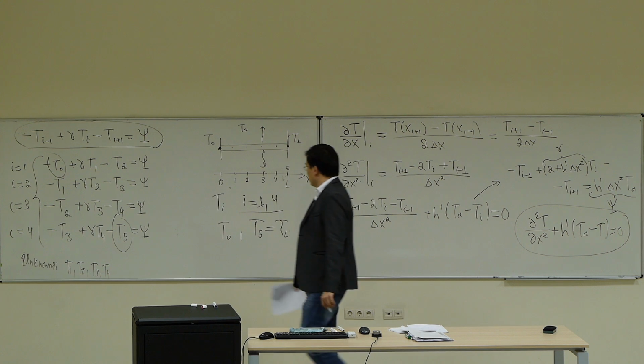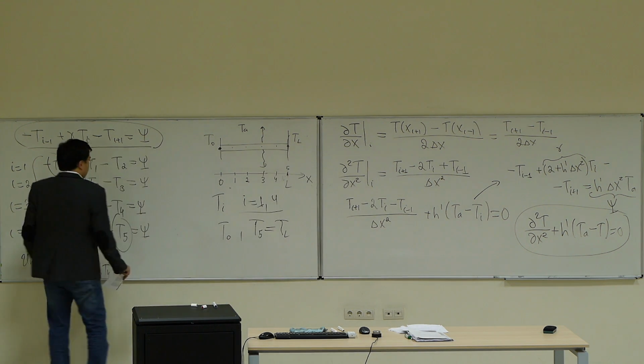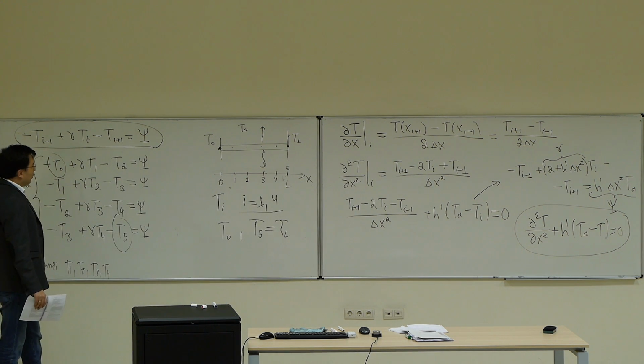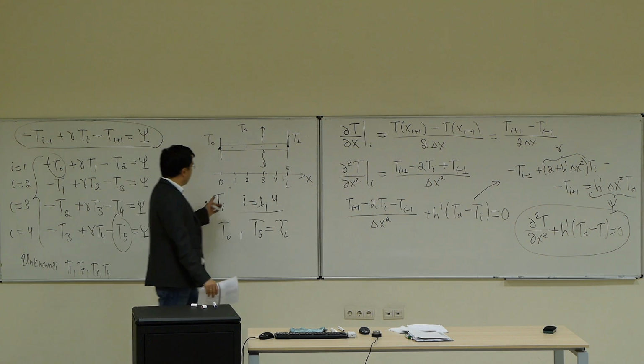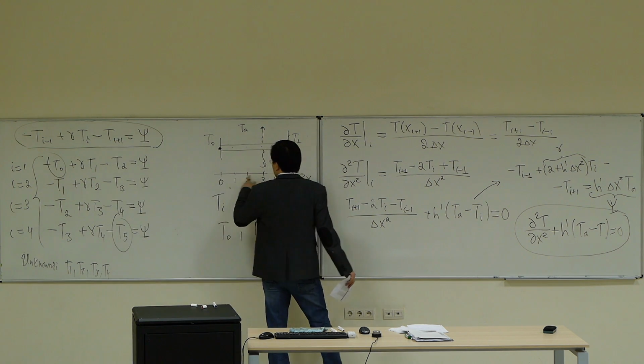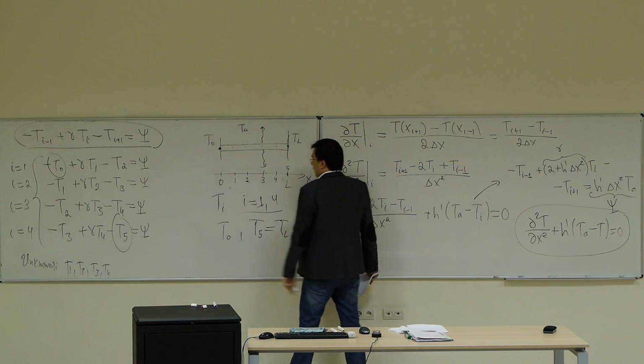Okay, very good. So this is one particular case of the finite difference method. To make it more accurate, for example, I have in this particular case T at 4 interior points.